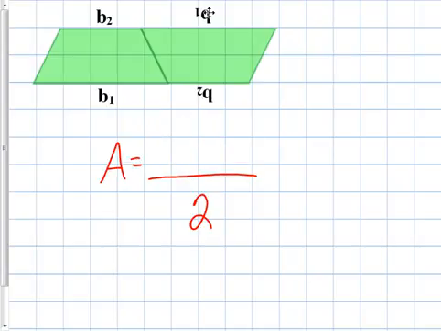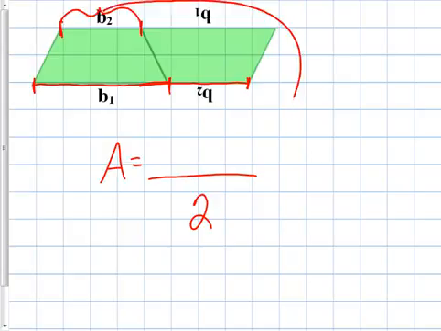So thinking about that for a minute, the base of the parallelogram is not the same as the base of the trapezoid. The base of the parallelogram is equal to the base 1 and base 2 together, because this part up here, when I flip it over, becomes this part down here, and that's the base of my parallelogram.